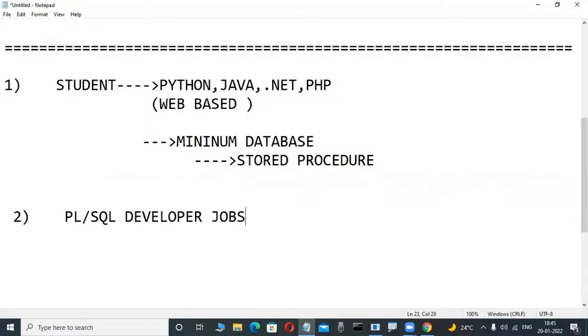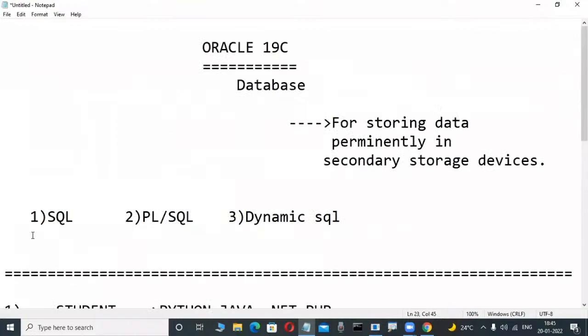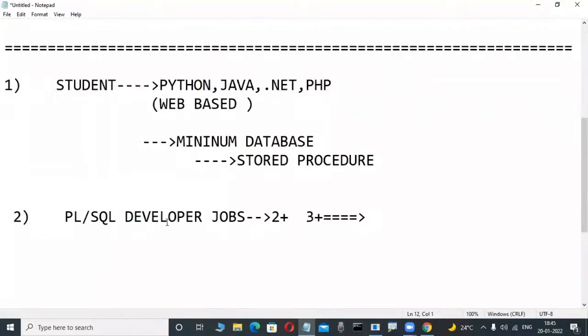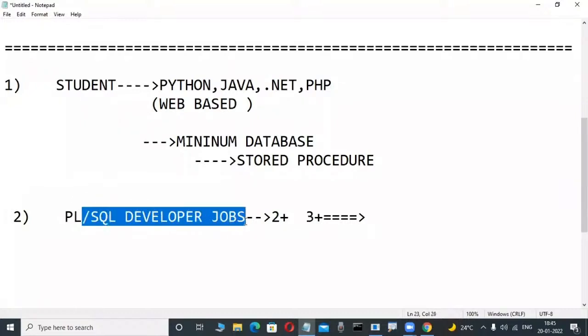Maybe a 2 or 3 year gap is there. Those persons are in our course only. They are learning this course only for PLSQL developer purposes. So many fellows are learning this course from me. Actually, I'm a senior PLSQL developer, that's why I have deep knowledge, and I'm teaching only PLSQL.